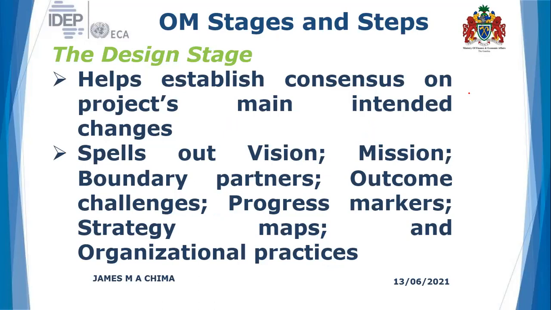We see this manifested in spelling out the vision, the mission, the boundary partners that are involved, the outcome challenges, the progress markers, the strategy maps, and the organizational practices around the initiative.